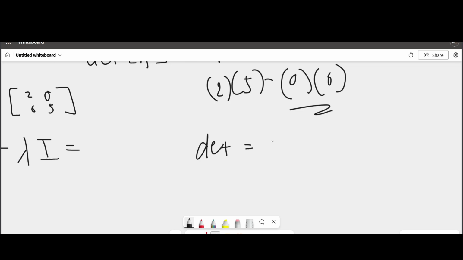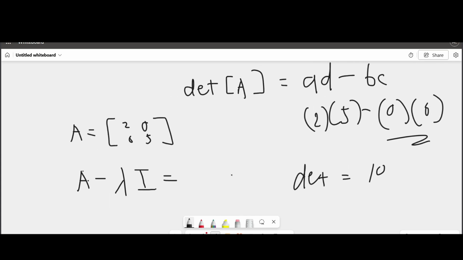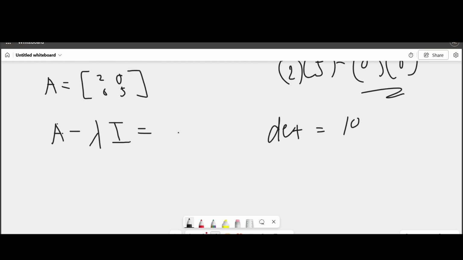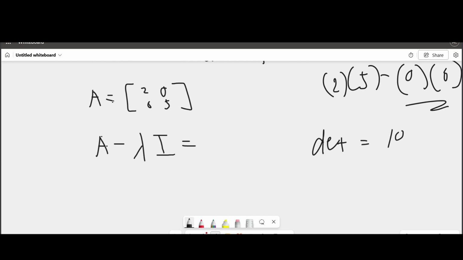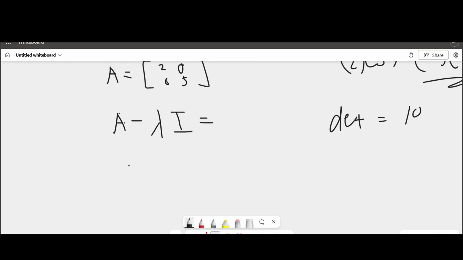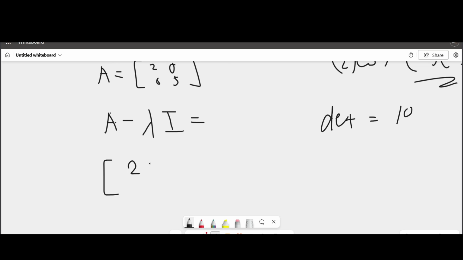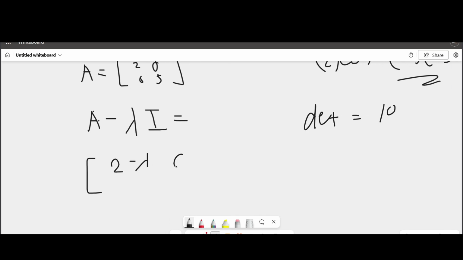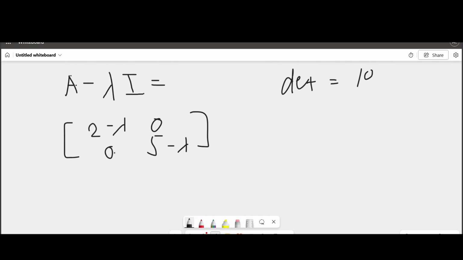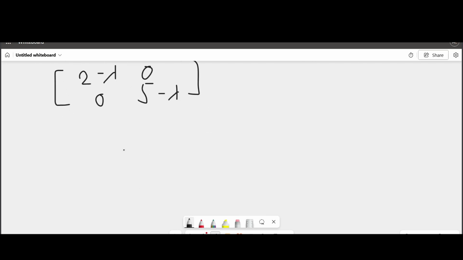Now we just have to find the eigenvalues. To find the eigenvalues, you simply have to subtract lambda from the first diagonal of the matrix.